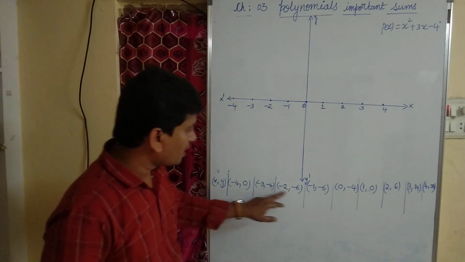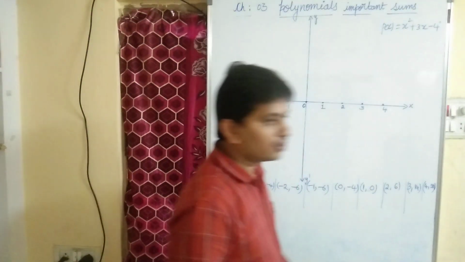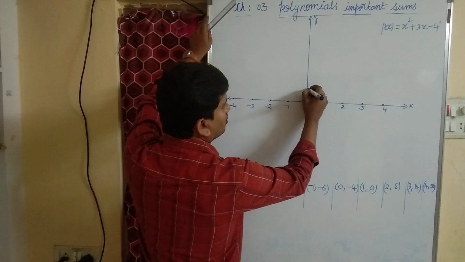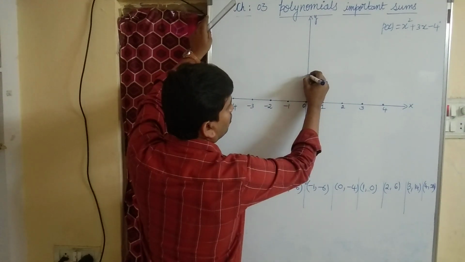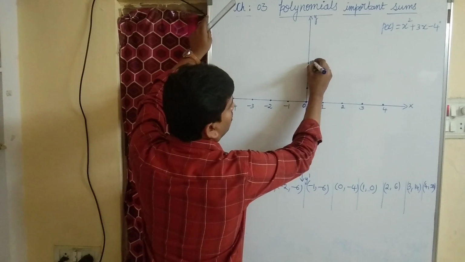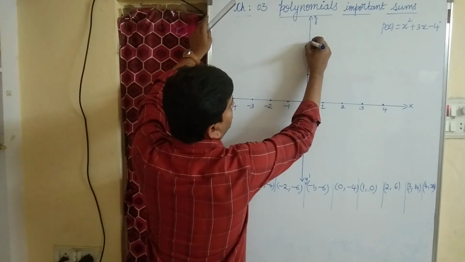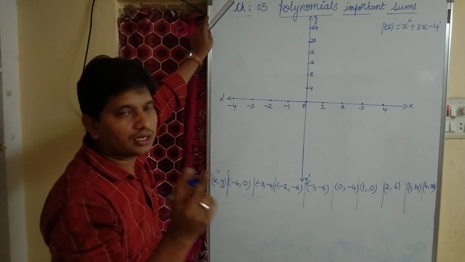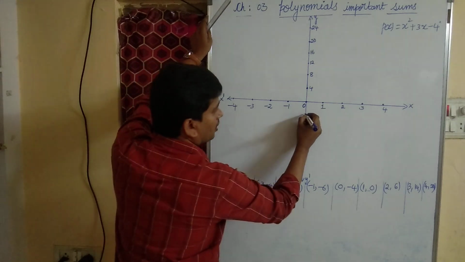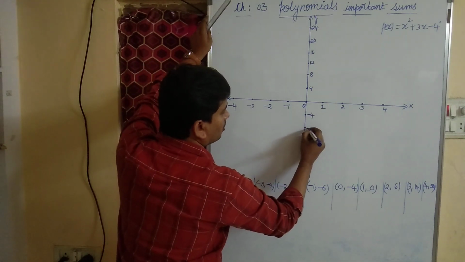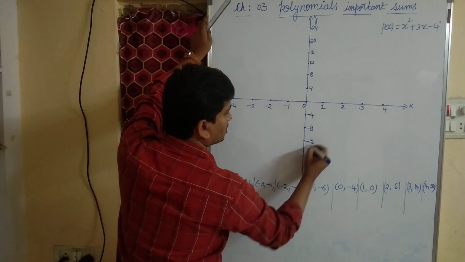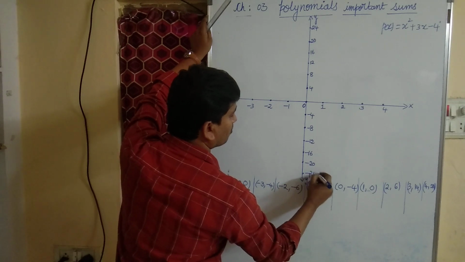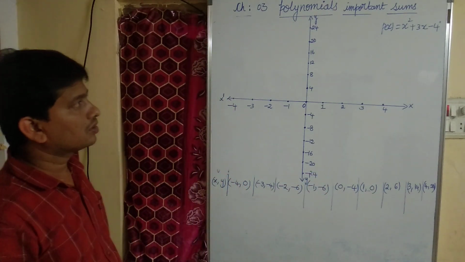As the values of y go up to 14 and 24, on the y-axis let me take 1 centimeter as 4 units: 4, 8, 12, 16, 20, 24. And this is -4, -8, -12, -16, -20 and -24.